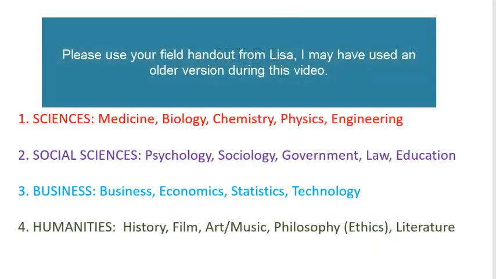This would be a great time to look at your handout from Lisa, and I've got something similar on the screen. I've got the 4 categories, and I did them each in a different color, mainly to make it easier for me. And you're going to select one field from each category.